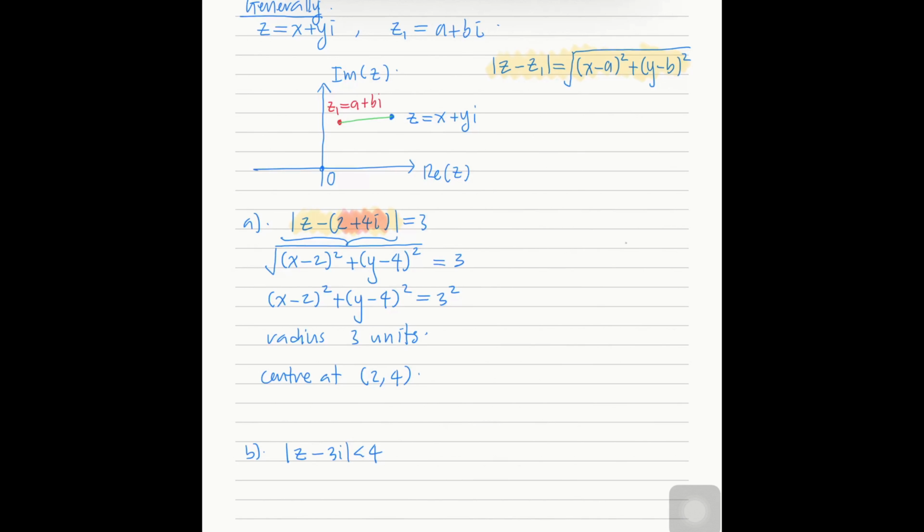Basically we can also write the center in complex number as 2 plus 4i. We can actually get it from here. This is the center.